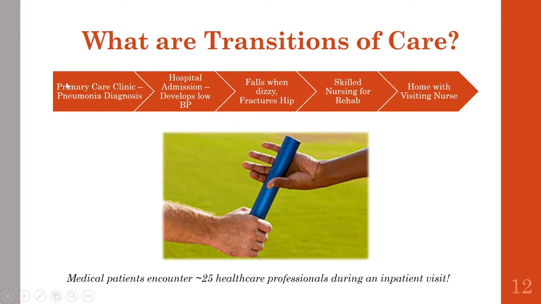Of course, if the length of stay is prolonged, it's more than that. But if it's 25 people in the hospital, maybe 5 in the clinic, maybe 25 or 30 in rehab, as time goes on, they're encountering 100 or more people just to take care of their one incident that they need some healthcare attention for.